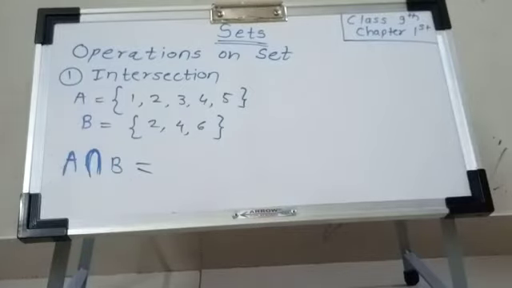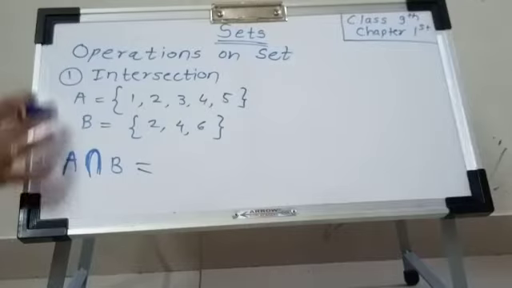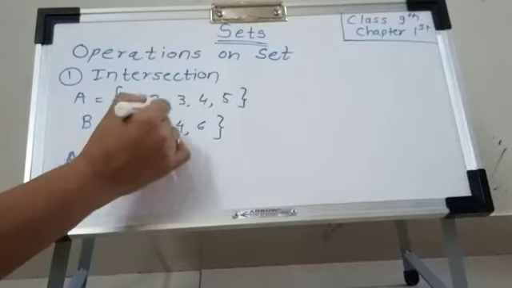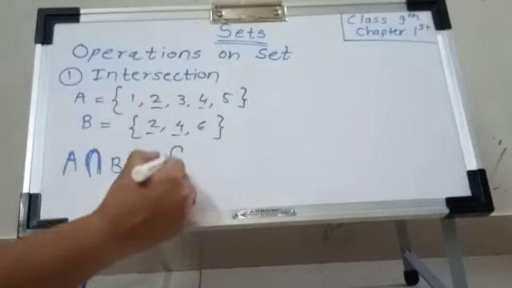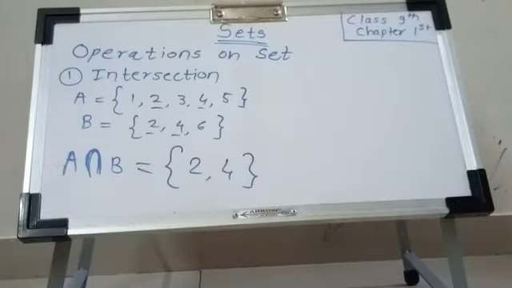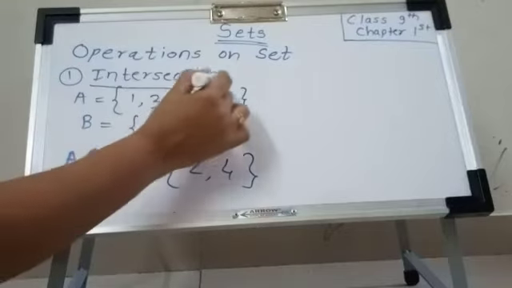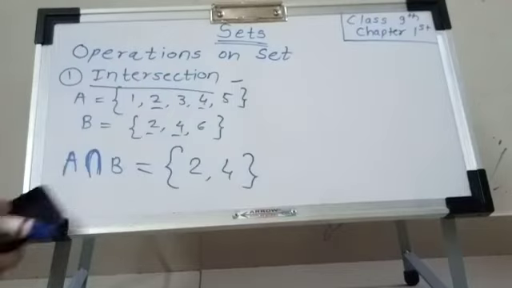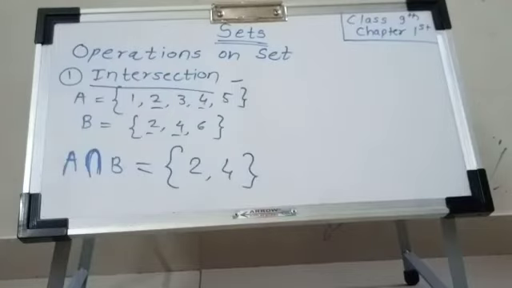Intersection of A and B means the common elements of sets A and B. What are the common elements? 2 and 4. A intersection B is written as {2, 4}. Intersection means the common elements from both sets.